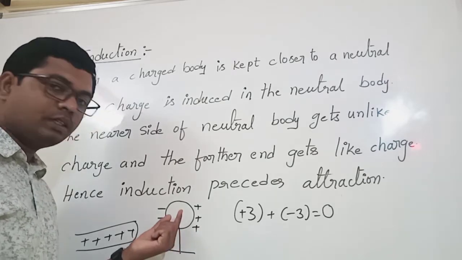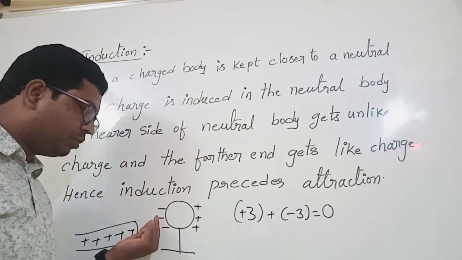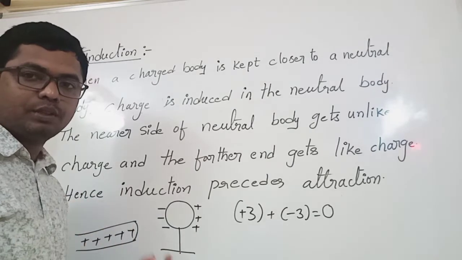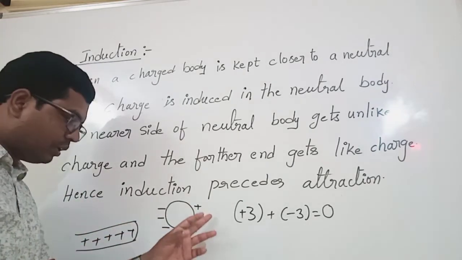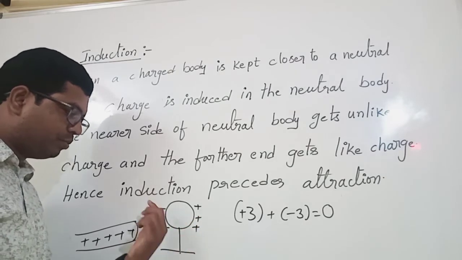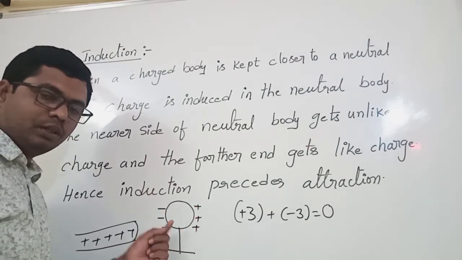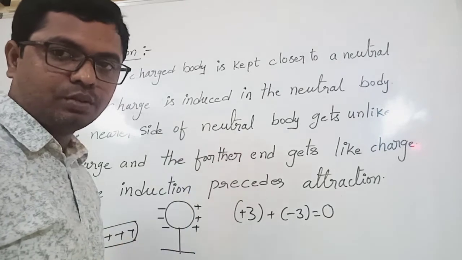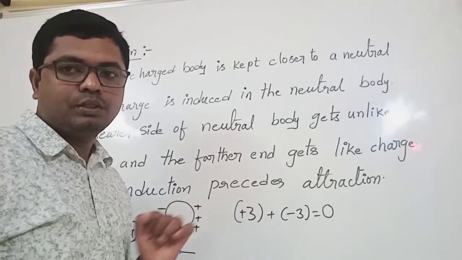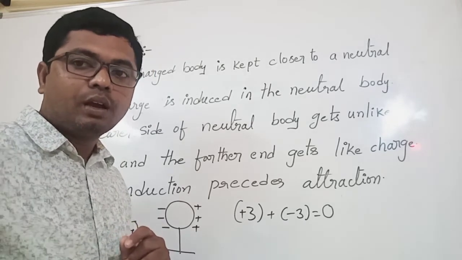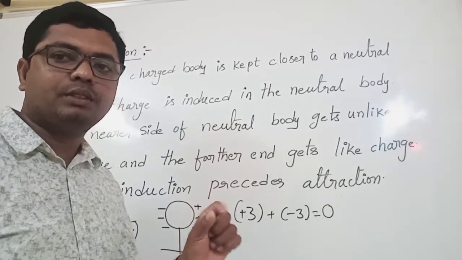After that it is charged, even though the total charge on this neutral body is 0. You may think this is negative and this is positive, but both are arranged on the same body, so the total is 0. Before, the charge is 0, and after also 0. That means which law? Law of conservation of charge.